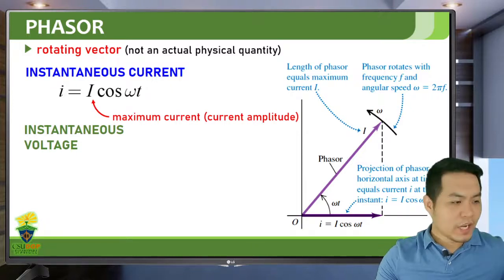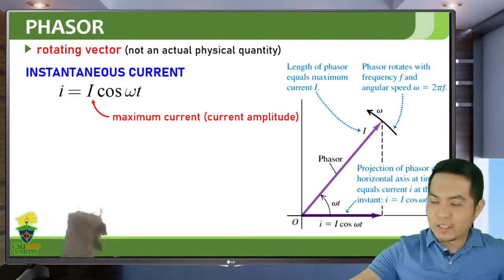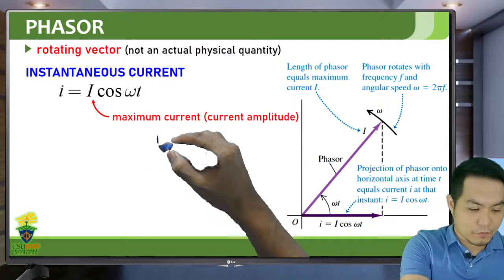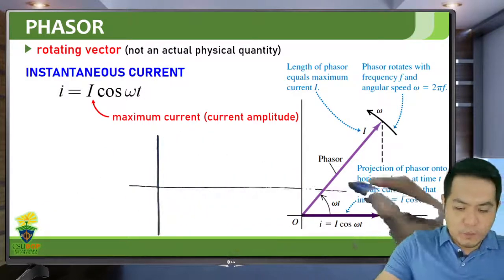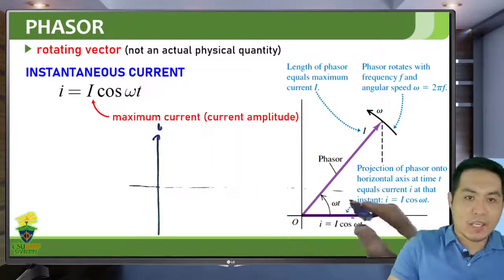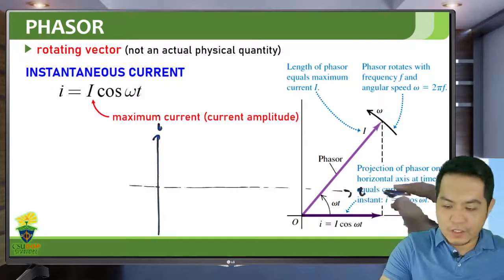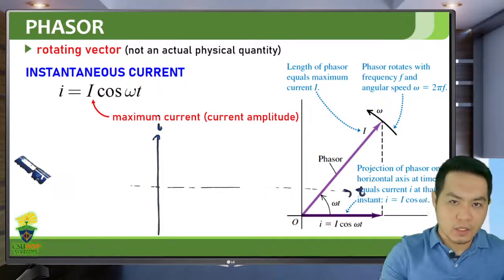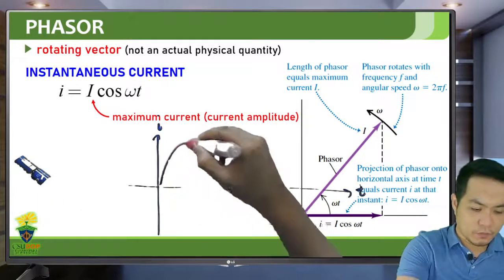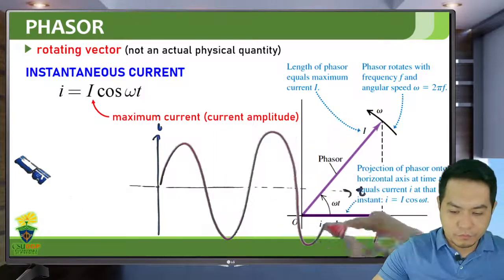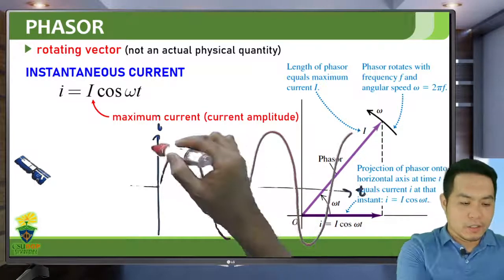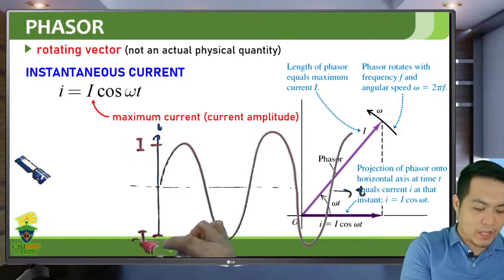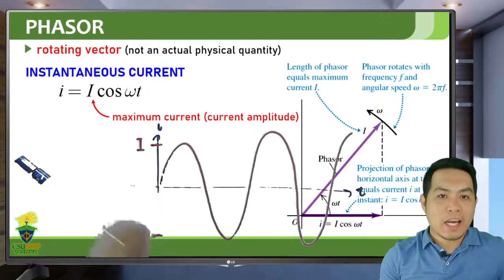Take note that in a crude picture of alternating current, if we plot the instantaneous current I versus time, its plot will look somewhat like this. It's alternating from a positive value I to a negative value of negative I. I is the amplitude.